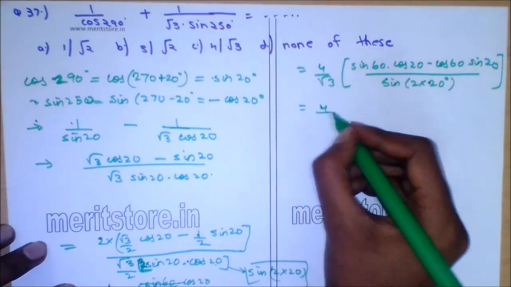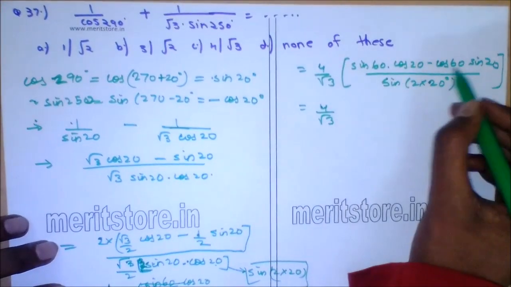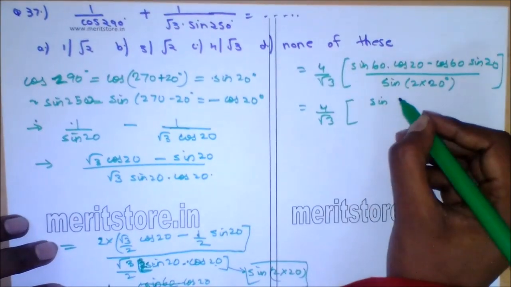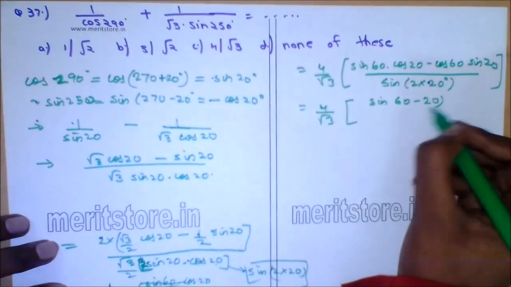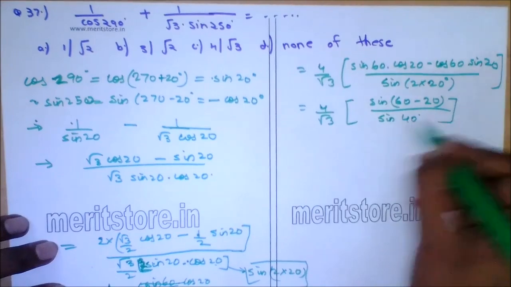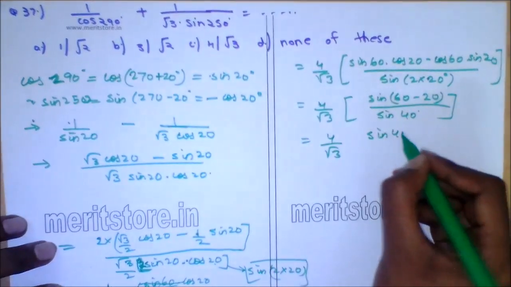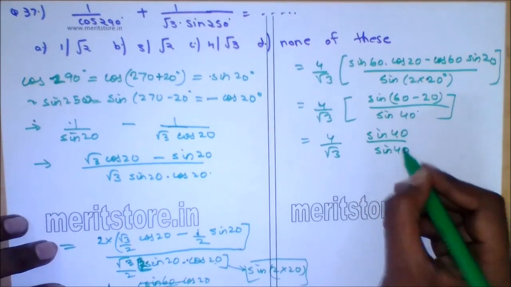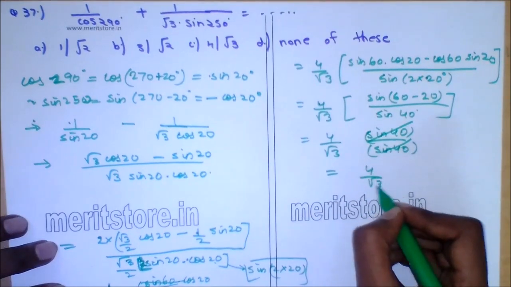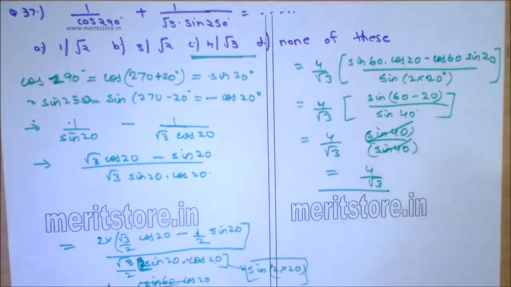This is 4 by root 3. Now this is the formula for sin A cos B minus cos A sin B, that is sin of A minus B. So here it is sin of 60 minus 20, and in the denominator it will be sin 40. So 4 by root 3, 60 minus 20 is 40, so sin 40 divided by sin 40. So these terms get cancelled, so we are left with 4 by root 3, which is option C. So the answer is C, 4 by root 3.